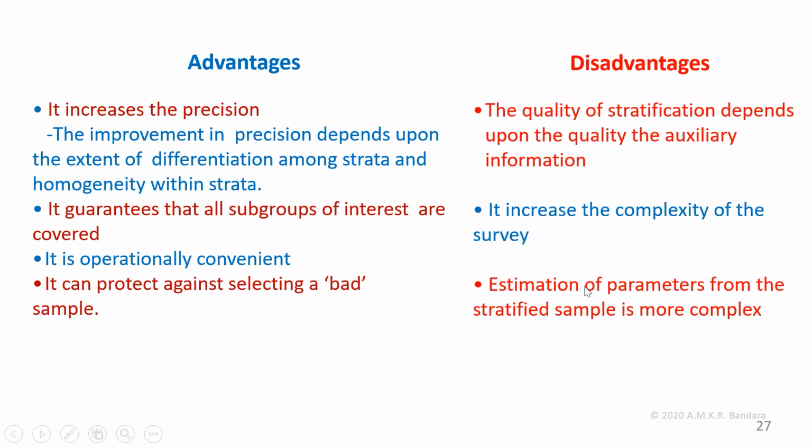Here, estimation of parameters from the stratified random sample is somewhat complex. We have some formulas to calculate mean, median, mode, variance and standard deviation in simple random sampling. In stratified random sampling, those formulas somewhat differ.